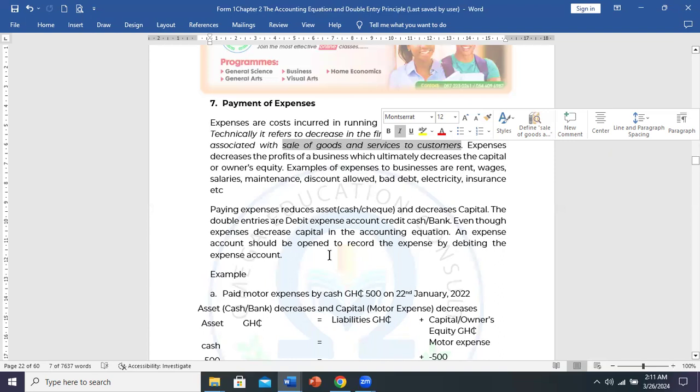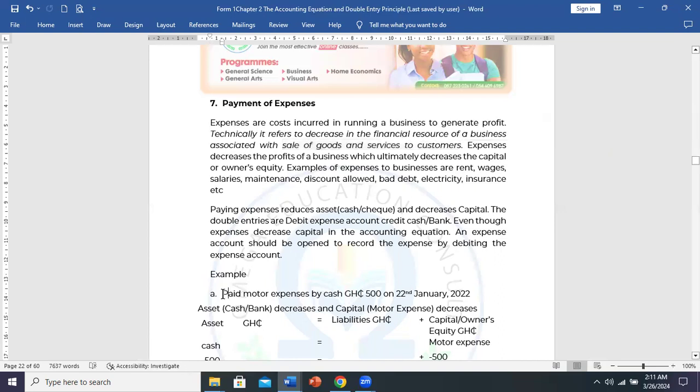So the summary is that anytime you see payment of an expense, which could be rent, wages, maintenance, salaries, etc., you have to debit the expense account and you credit the cash or bank account. So I have some examples here for us. Paid motor expense by cash.